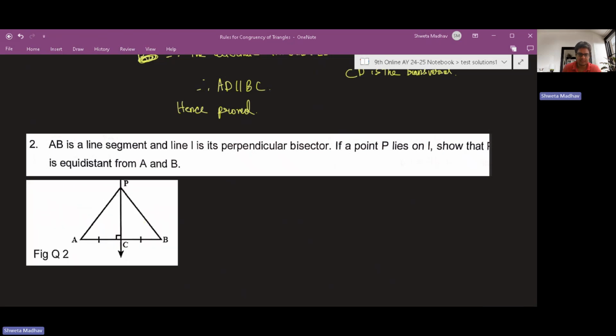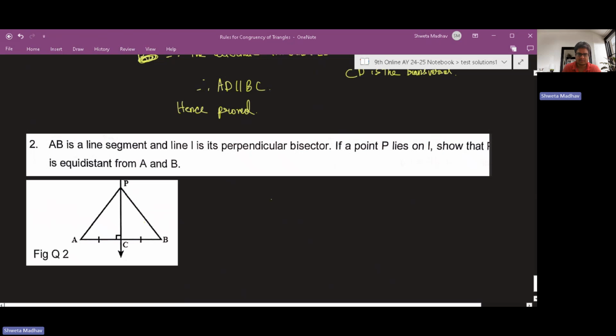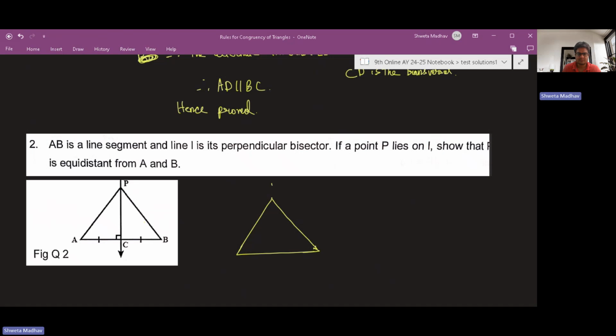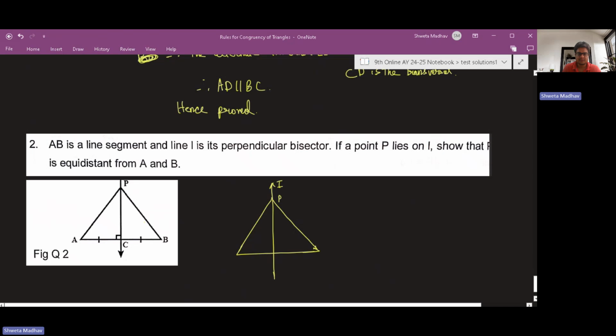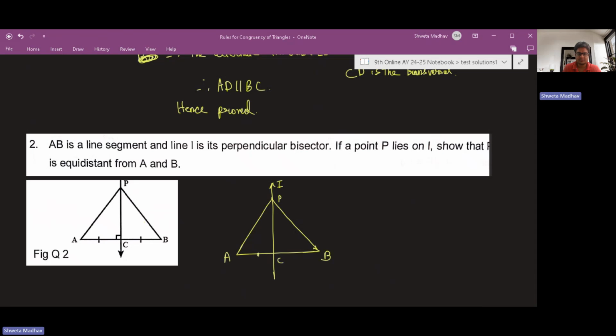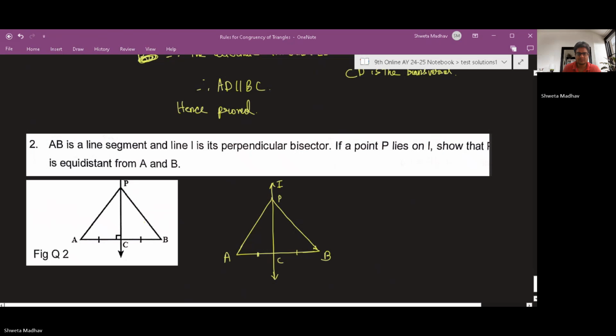The line extends till L. This is P, this is A, B, and this point is C. And these two are equal.